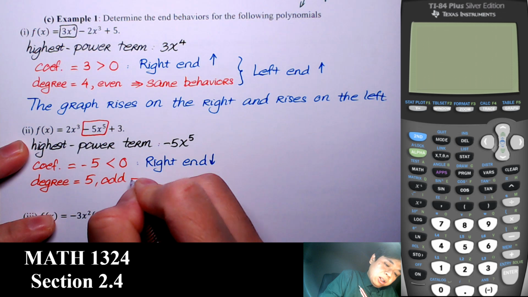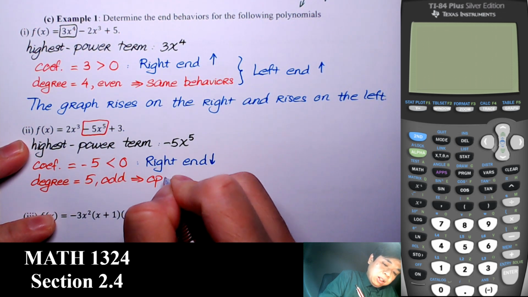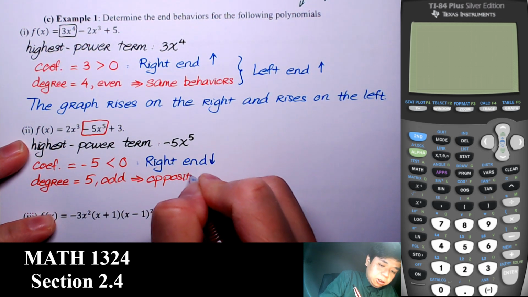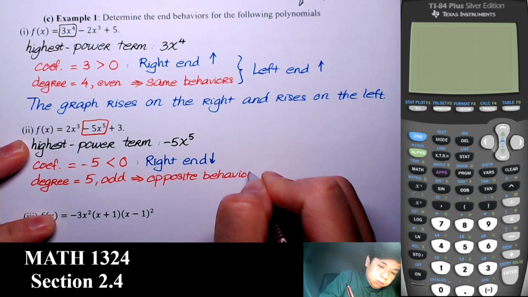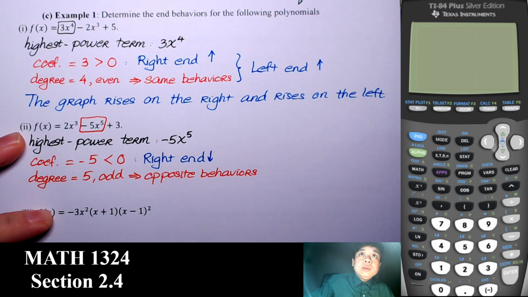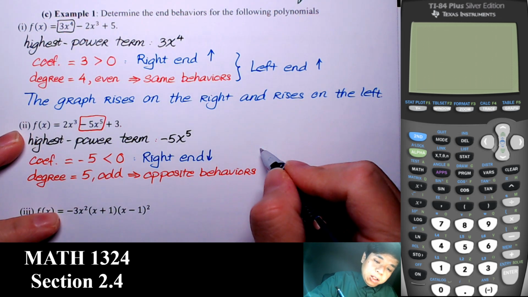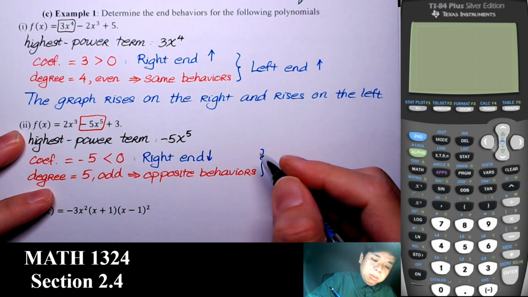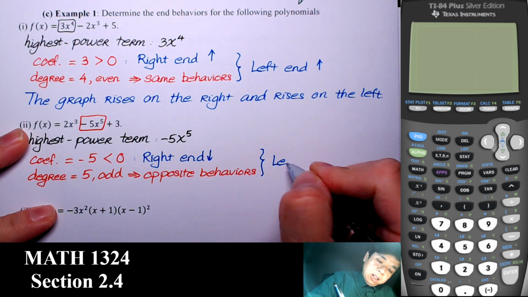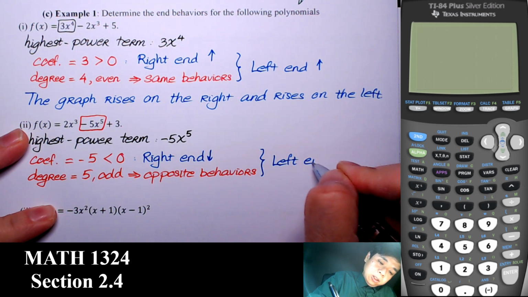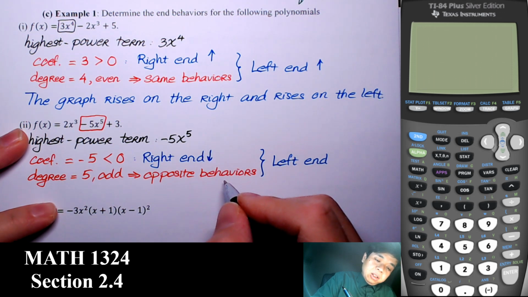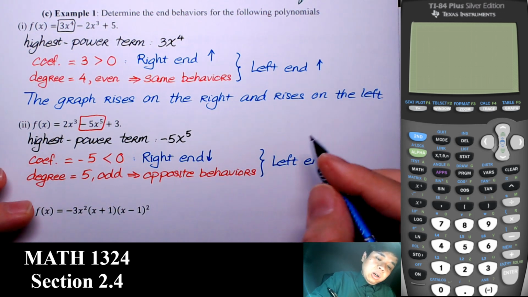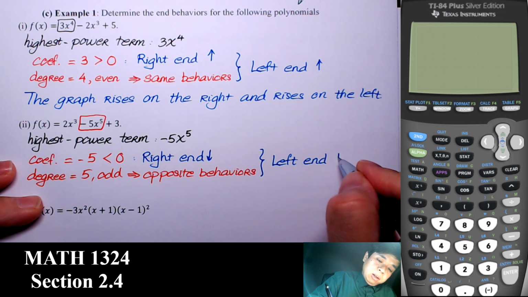So if it's odd, we will have opposite behavior. So if the right end goes up and we have opposite behaviors, that means the left end, if the right end is down and opposite to the left and right, that means the left end will be up.